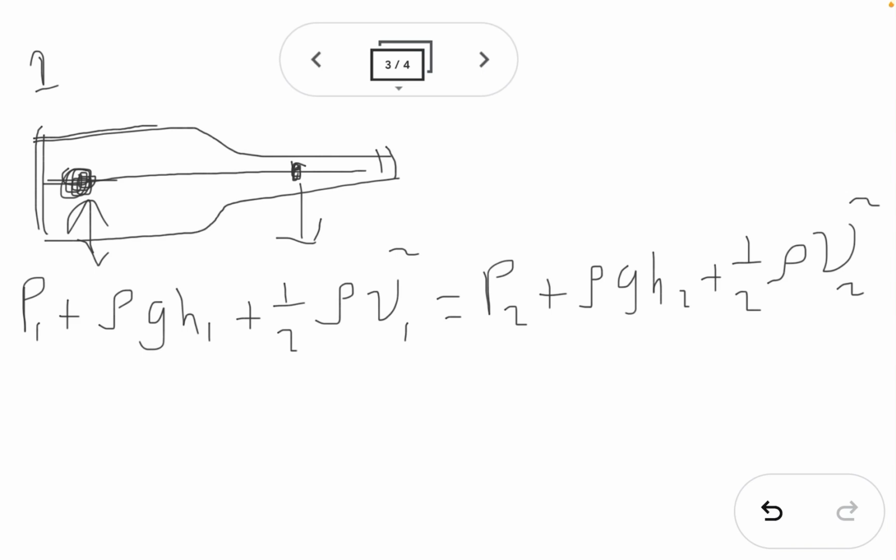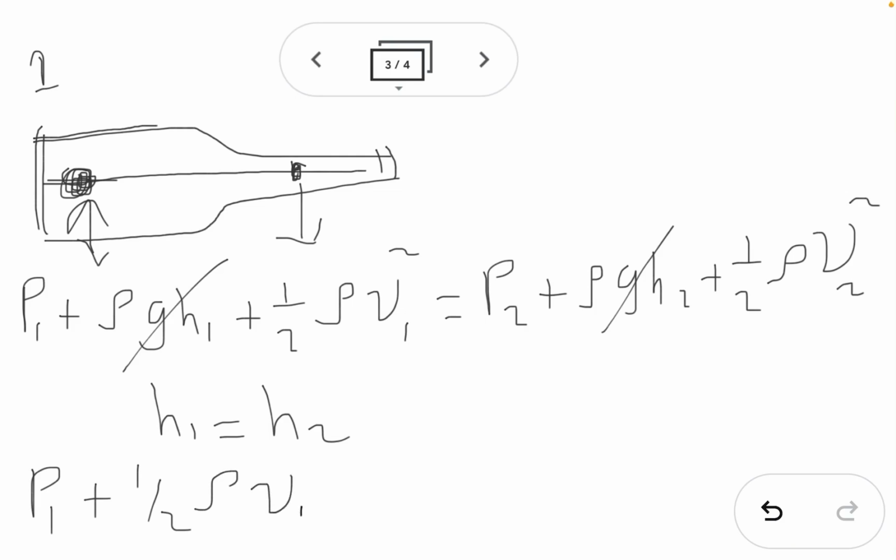Okay, if a system is horizontal, then h1 is equal to h2, and if this is the case, then we are going to see this and that disappearing in the equation, and the equation becomes more simplified, and we'll have P1 plus 1 over 2 rho v1 squared equals P2 plus 1 over 2 rho v2 squared. Okay, so this one becomes our Bernoulli's equation.